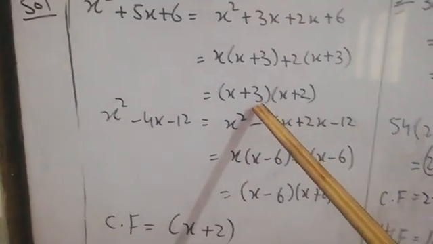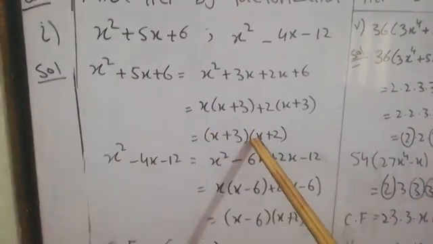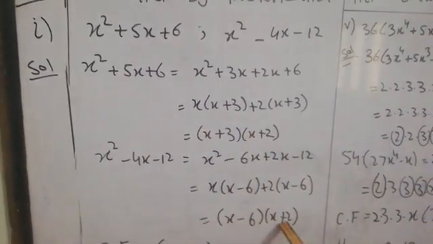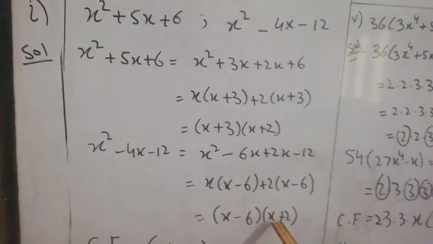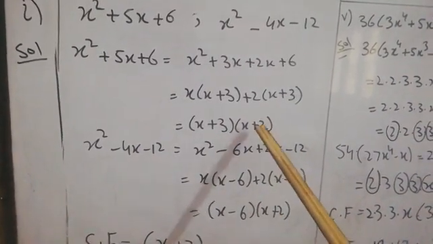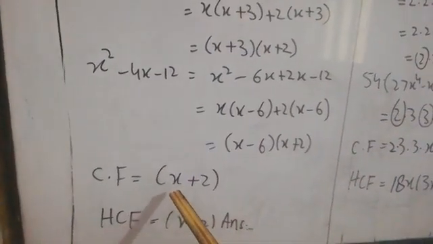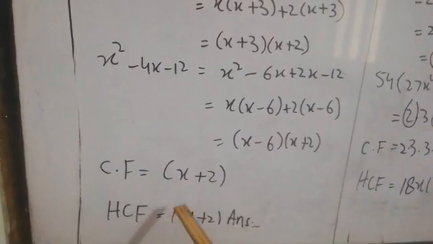Dear student, you can observe these are the possible factors of the first expression and these are the possible factors of the second expression. Now there is only one common factor between these two expressions, which is x + 2. So the common factor is x + 2, and HCF is also the same, x + 2.